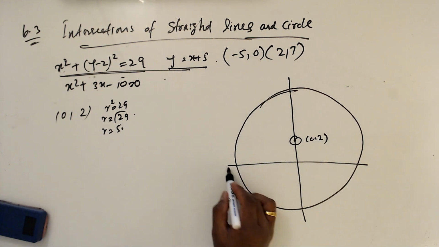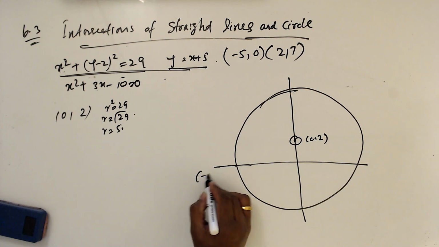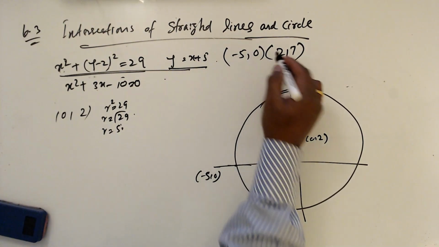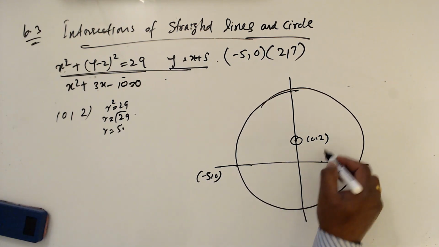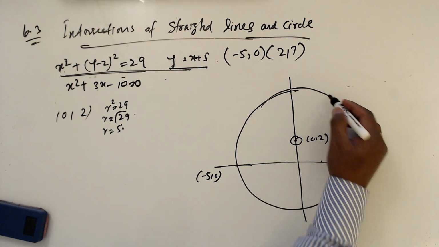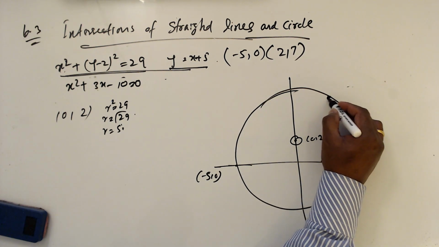This is the circle. It will cut here at minus 5, 0, cross out. Another point is 2, 7, somewhere.